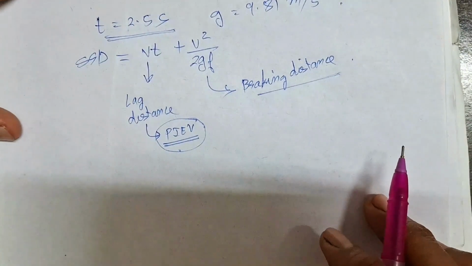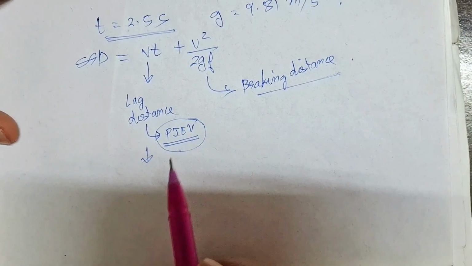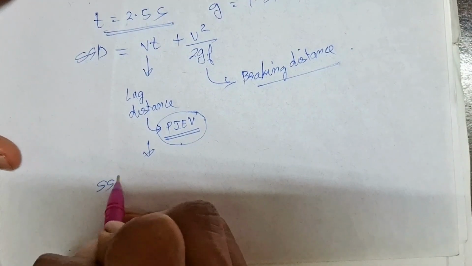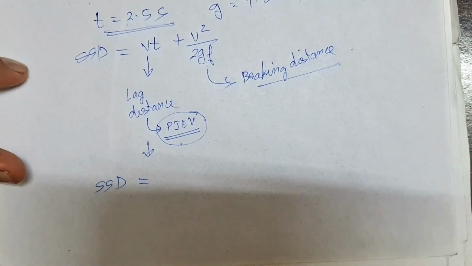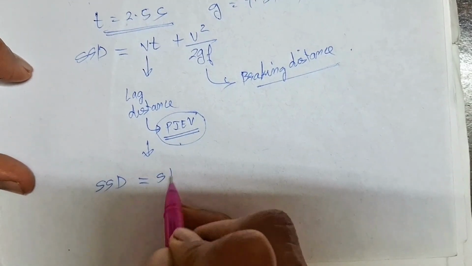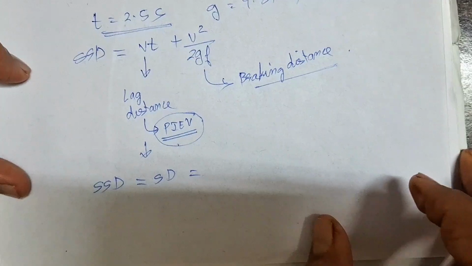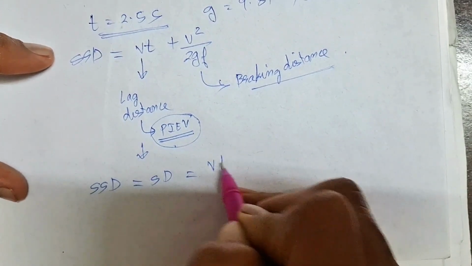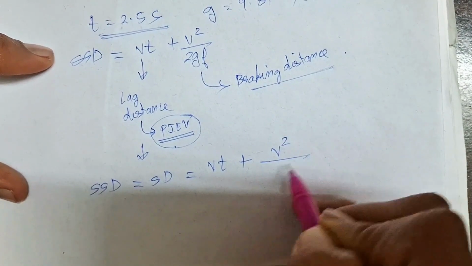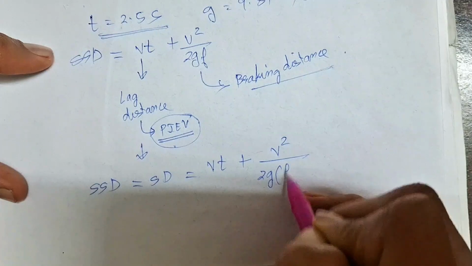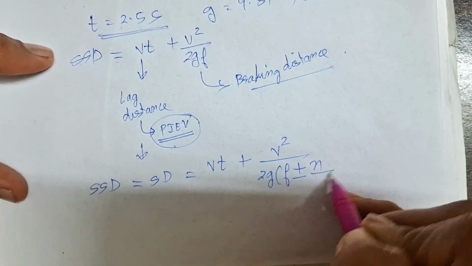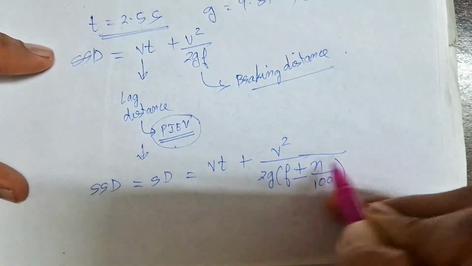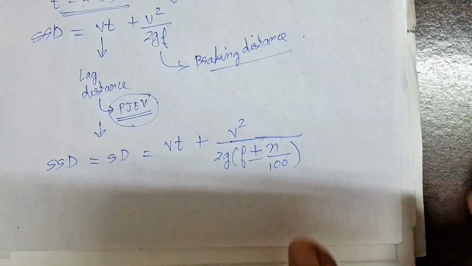Now this same formula will be modified. SSD, that is stopping sight distance, or we can call it sight distance also, both are the same thing. So that is Vt plus V square by 2gf plus or minus n by 100. Suppose they have given us the gradient.